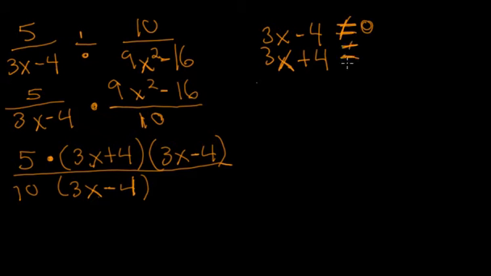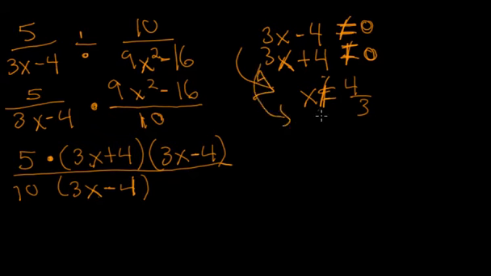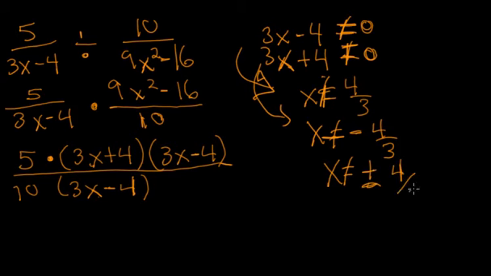So we have two major restrictions. Solving that, I get x can equal 4/3. That's how the top one becomes. And the bottom one becomes x can equal negative 4/3. Of course, I can list this as x can equal plus or minus 4/3. Probably makes an easier way to list it.